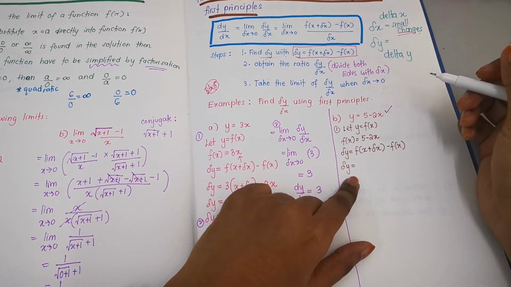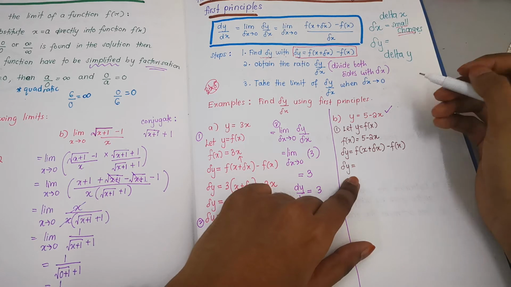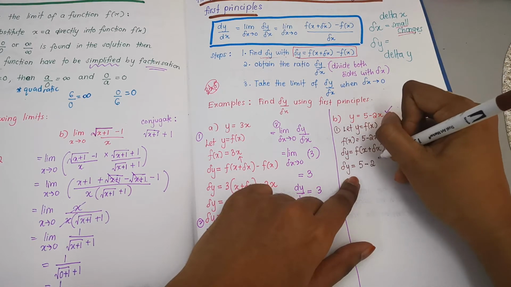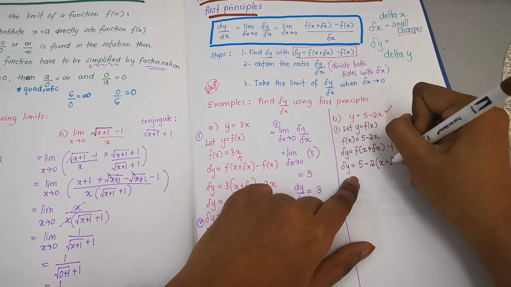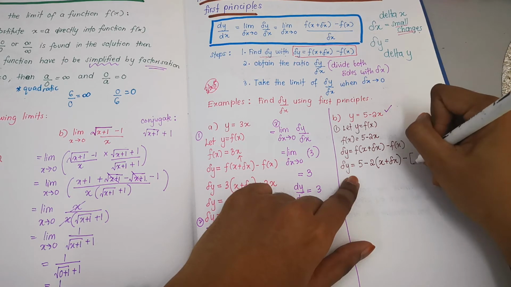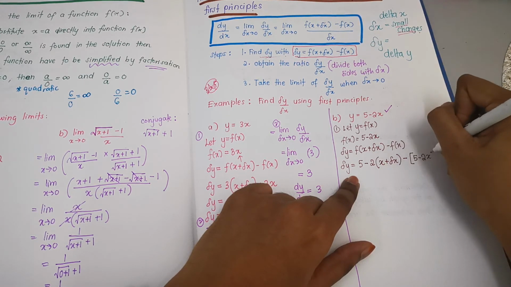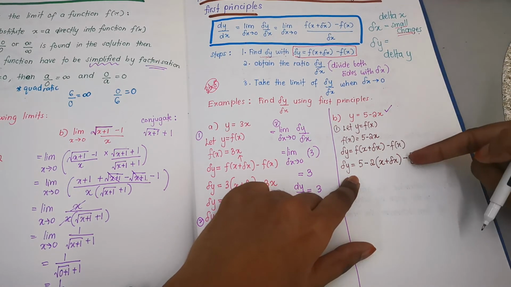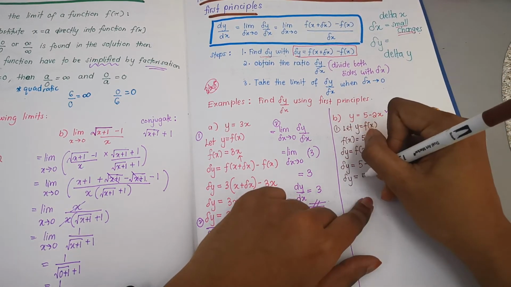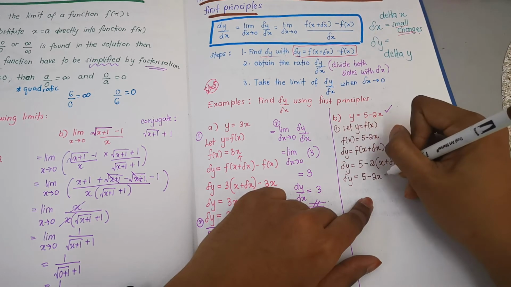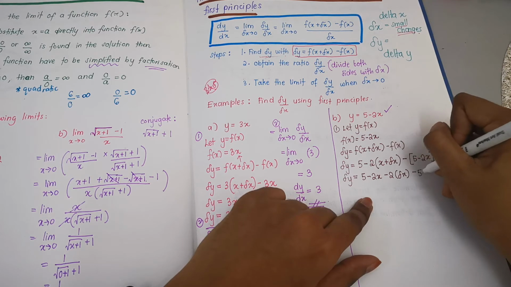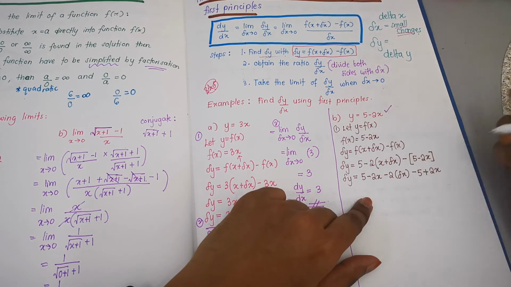So we can write the 5 first minus 2 times x plus delta x, like that. Then minus 5 minus 2x. This one I put a different bracket here. Now our delta y will be 5 minus 2x minus 2 delta x minus 5 plus 2x.